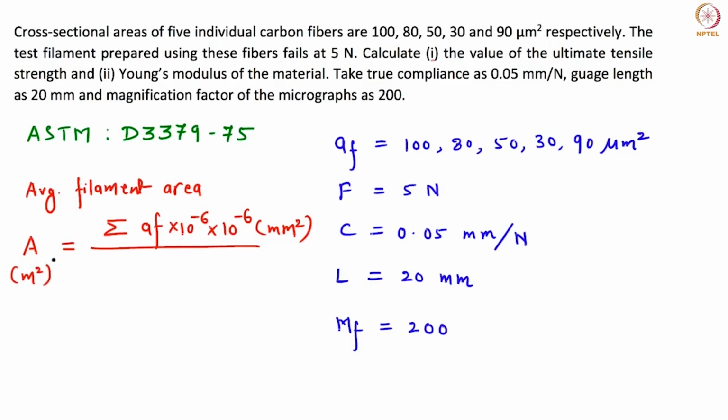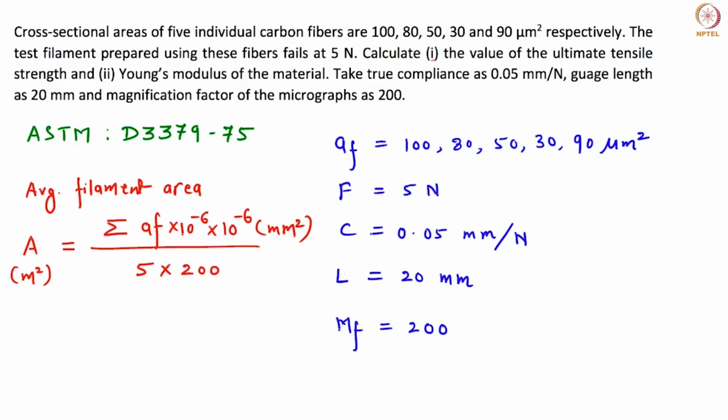That is why we already have one 10 power minus 6 factor here. What else is there in the formula? We need to enter the value of n, the total number of fibers. Here we have just taken 5 fibers, and then the magnification factor.